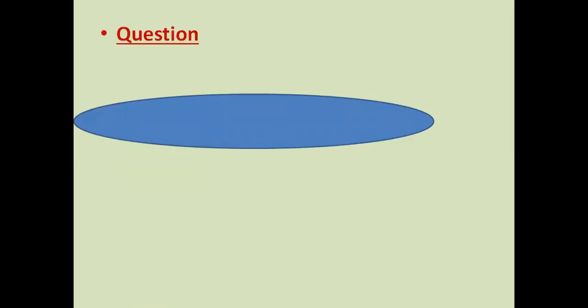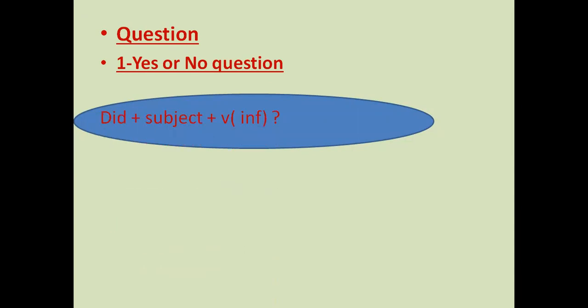What is the question form in past simple? So we have two kinds of questions. Number one, yes or no questions. Number two, WH questions. So we'll start with yes or no questions. How do we form yes or no questions in past?